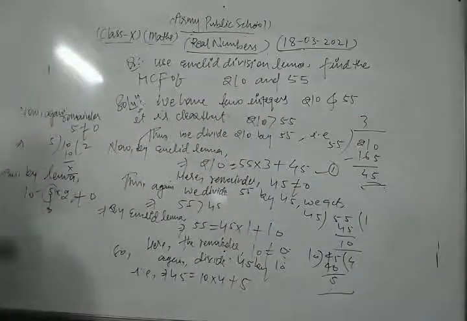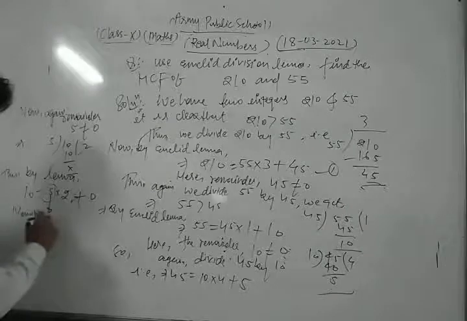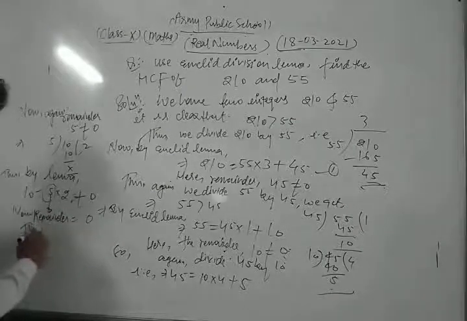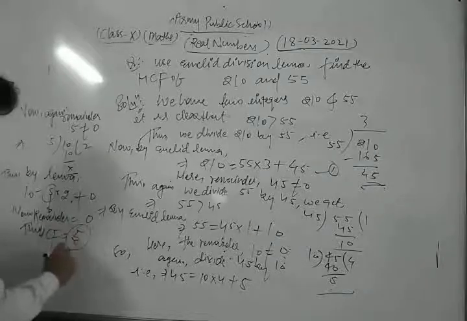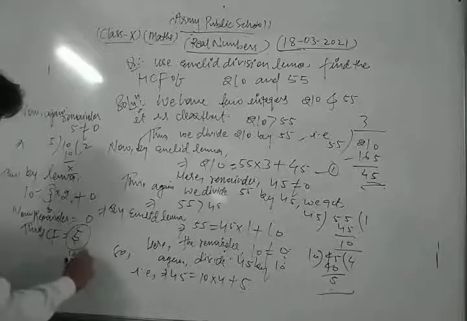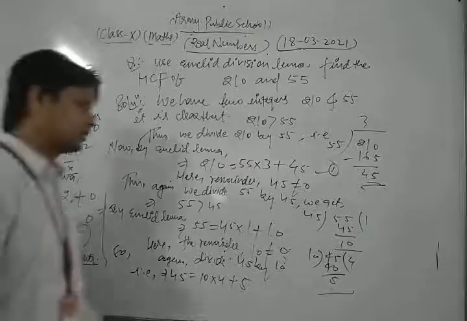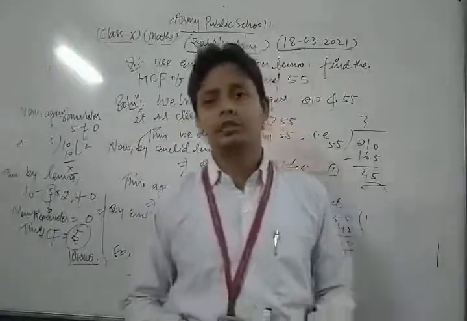Now the remainder is 0, thus the HCF is 5. This is the required solution of the given question. The last divisor is the required HCF of the given numbers.